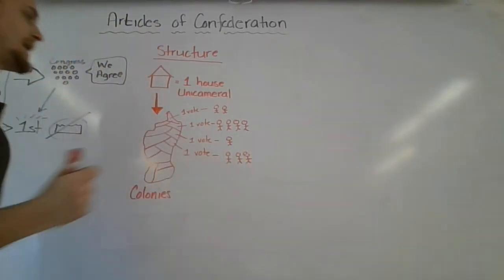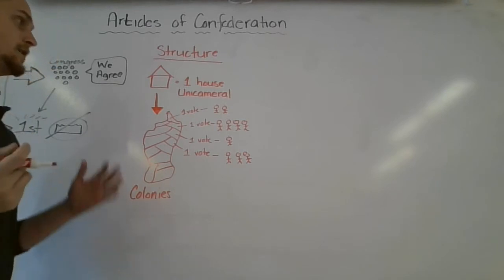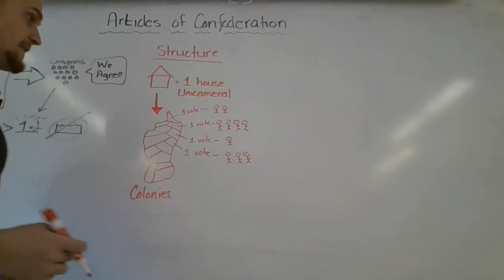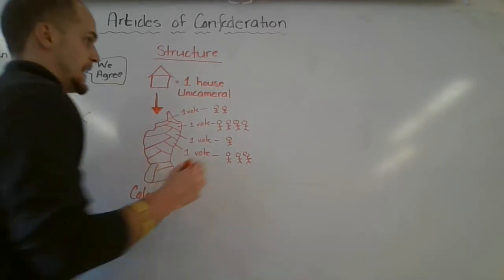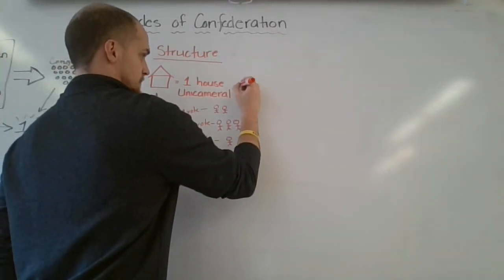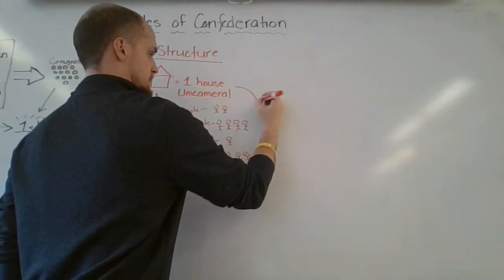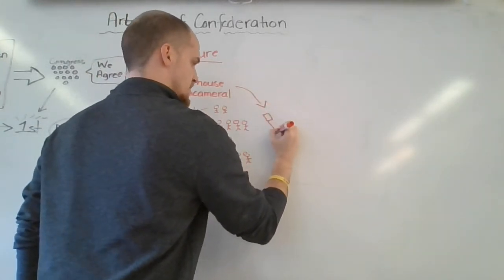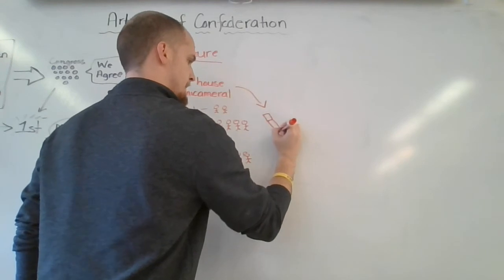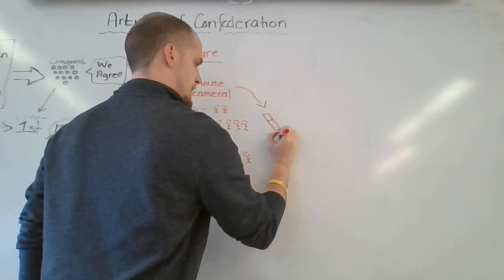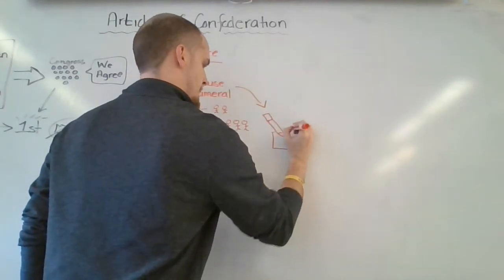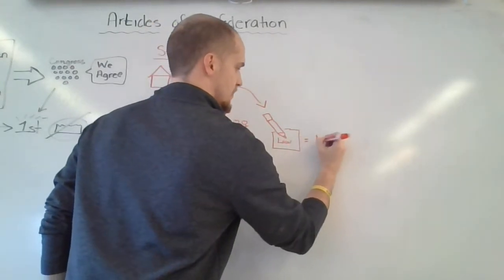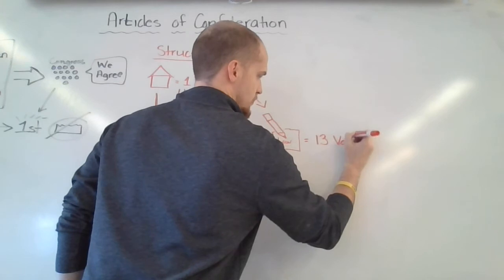So regardless of population, each colony got one vote. So there were 13 votes total. And to write a law, you needed 13 votes.